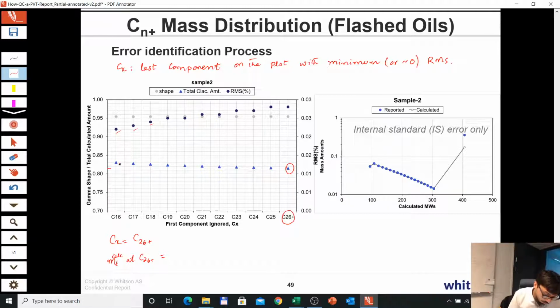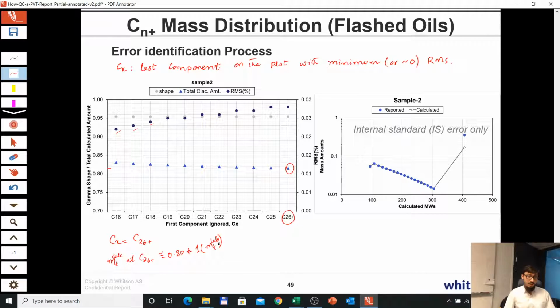It's about 0.80, which is not equal to the lab reported total mass.